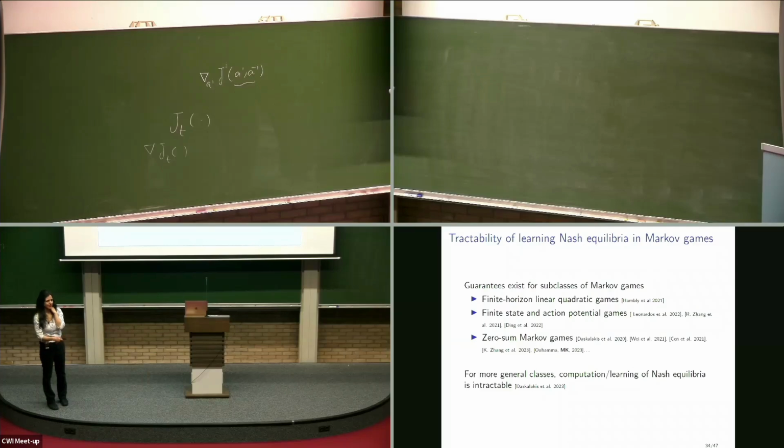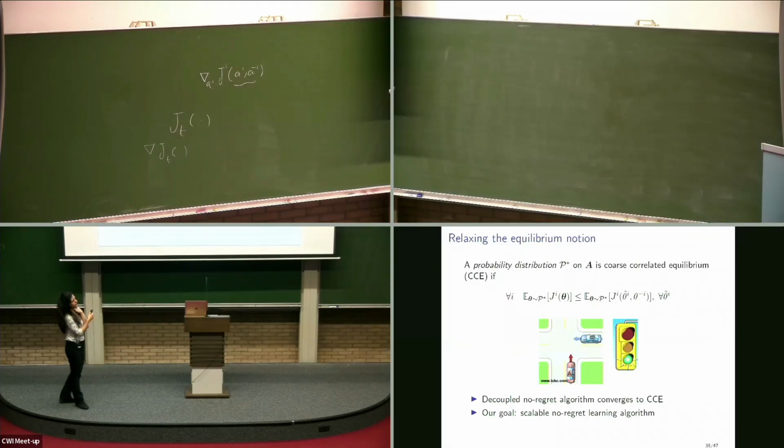Okay, so because we know that provably for other general classes of games, computation and learning of equilibria is intractable, maybe we can relax the notion of equilibrium that we look for. We're gonna look at a relaxed notion of equilibrium called a coarse correlated equilibrium.